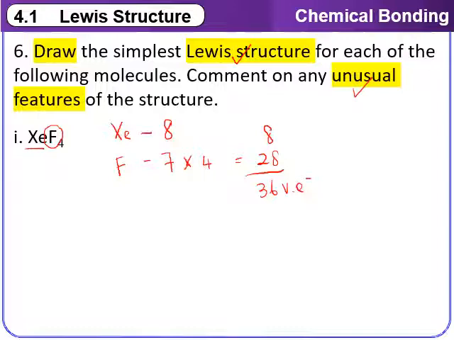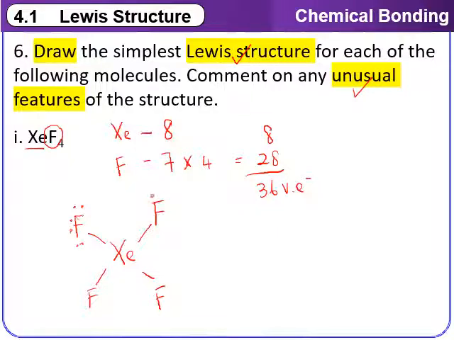So I will put xenon as the central atom, bonded with 4 fluorine. At the same time, I have drawn out the skeletal structure.